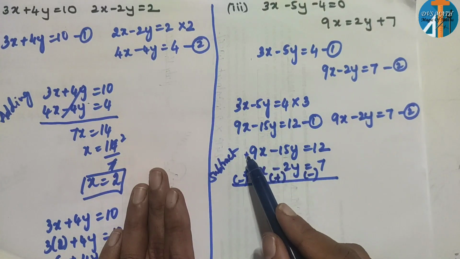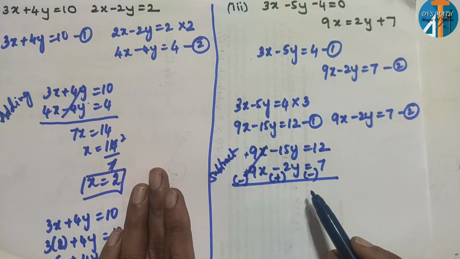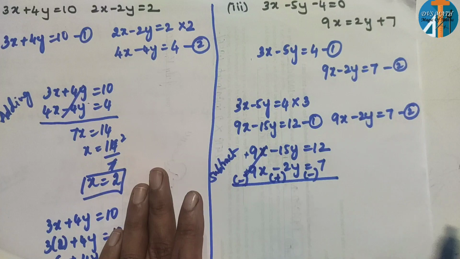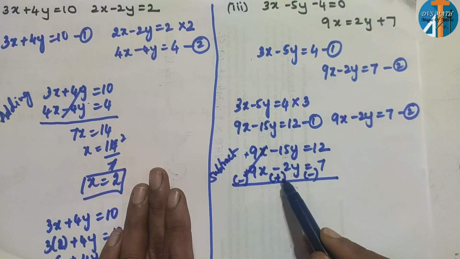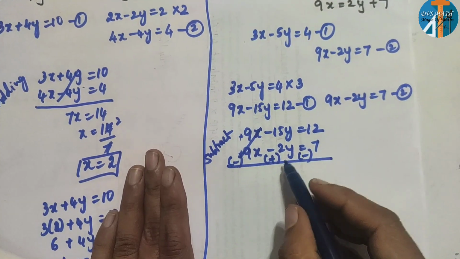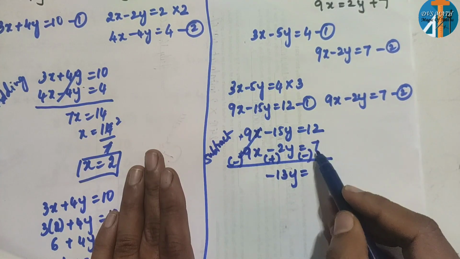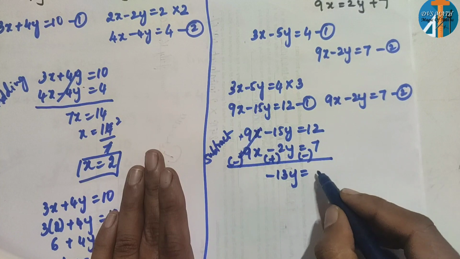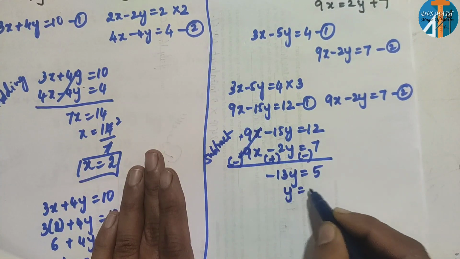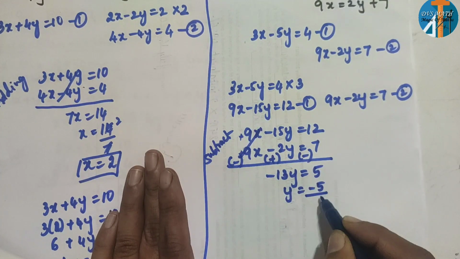Now plus 9x minus 9x cancel. Cancelling means eliminating. Now minus 15y plus 2y is minus 13y is equal to 12 minus 7, which is 5. So y is equal to minus 5 by 13.